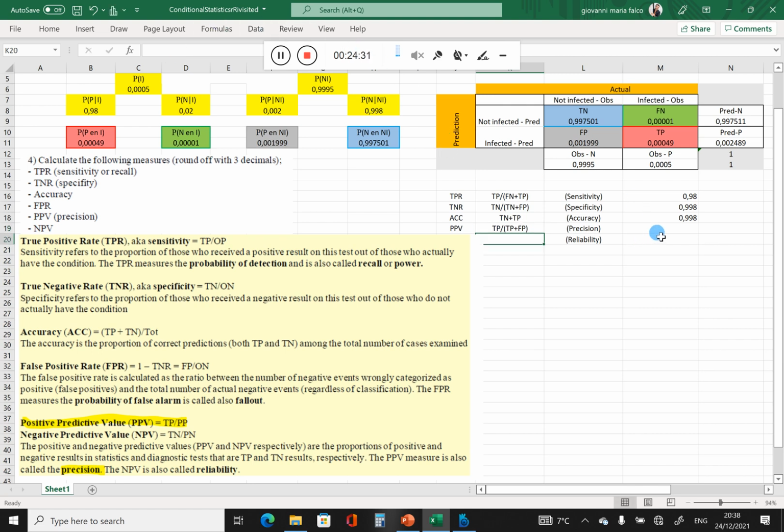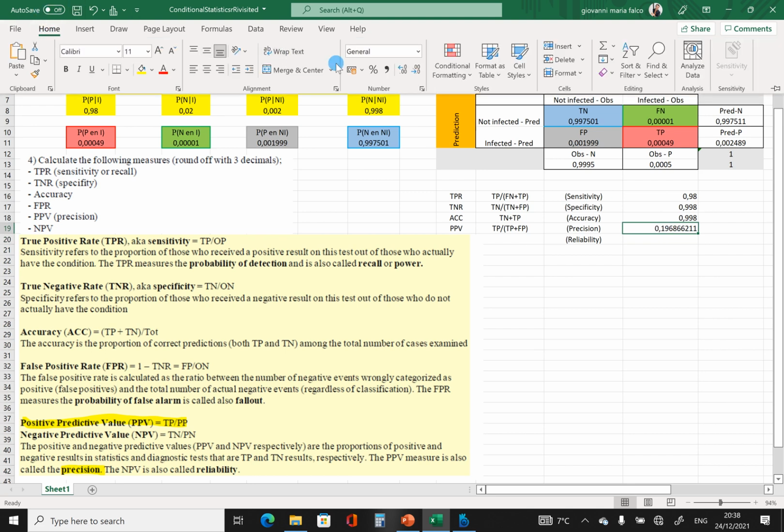Okay, and if I calculate it with the probabilities, then I have the true positive, so this number, divided by the true positive, plus, and I have to look along the horizontal axis, the false positive. I get a lot of decimals, but what is really interesting is that I get a much smaller probability than, for example, what I have in the specificity or the sensitivity, so only 20%.